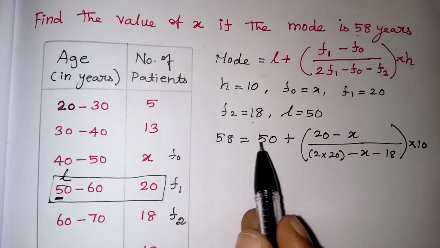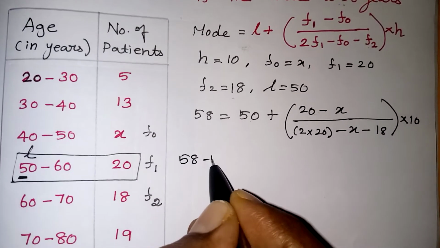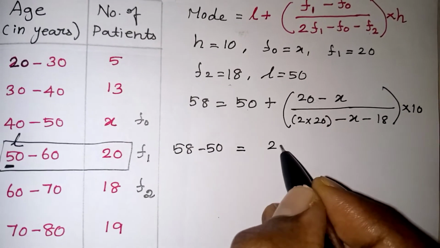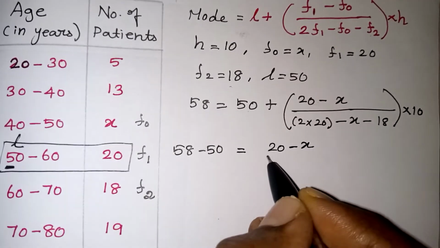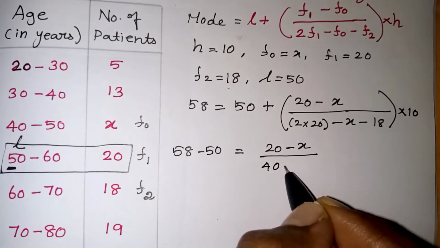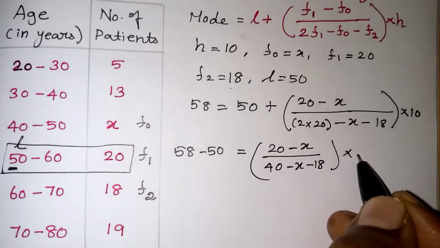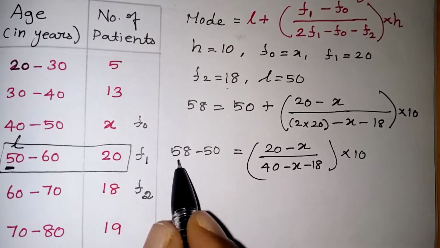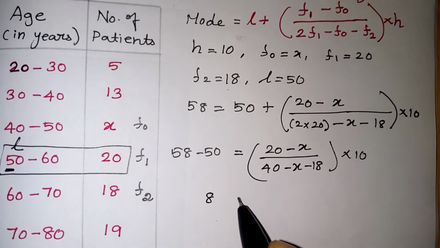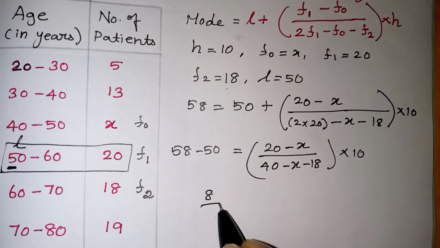Now the plus 50 you can take to this side. That will become minus 50. So 58 minus 50 equals, here the simplification, numerator 20 minus x, by, here 2 into 20 will be 40 minus x minus 18, multiplied by 10. So 58 minus 50 will give you 8, which is equal to, this multiplication by 10, you bring it to this side, that will become division.